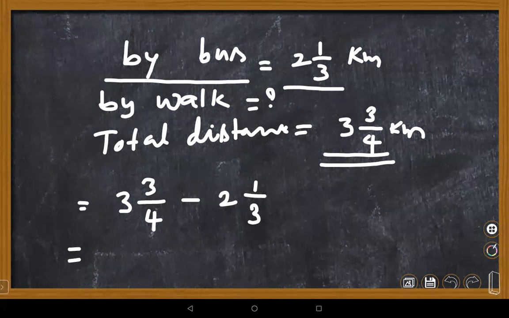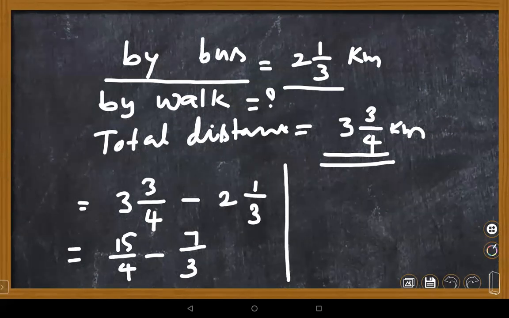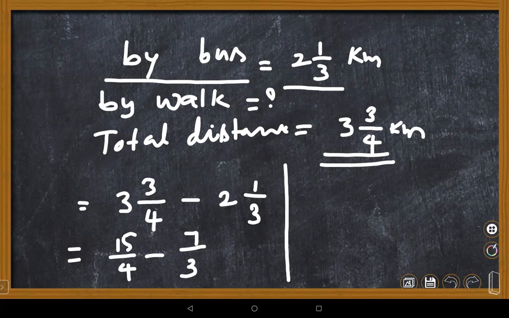The improper form of 3 by 4 is, ma'am, 15 by 4 minus 7 by 3. Very good. Now both are like or unlike, Nana? Both are unlike. So what should we do to make them alike? We have to take the LCM of the denominators. Very good. What is the LCM of the denominators?